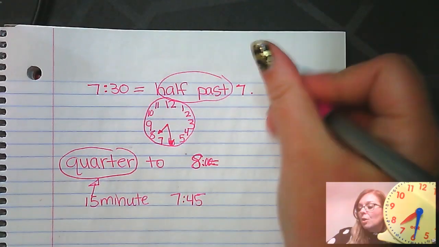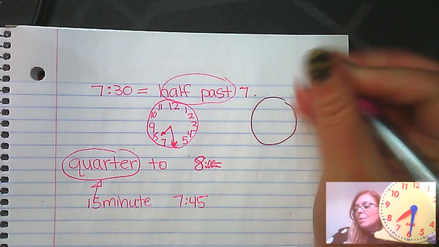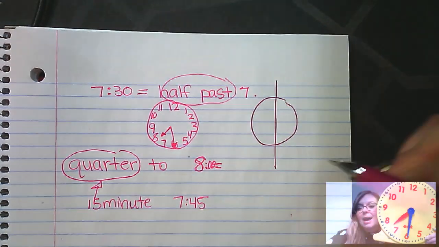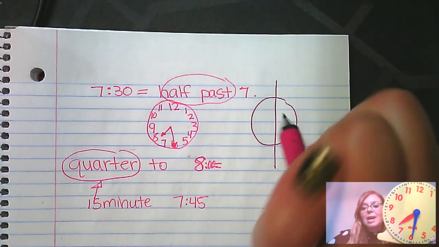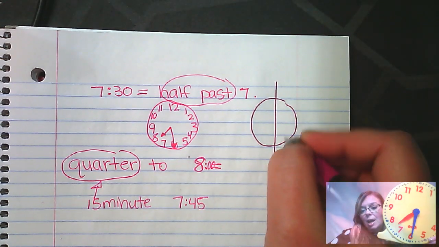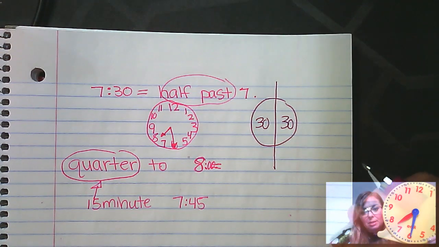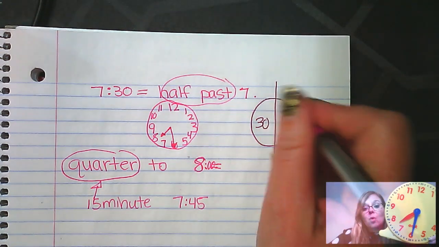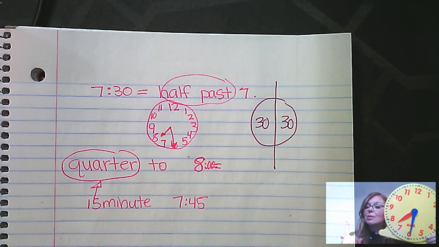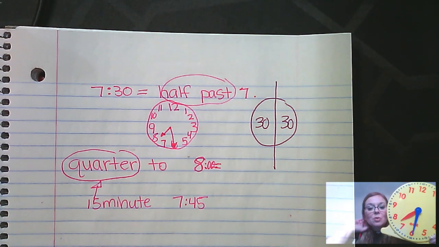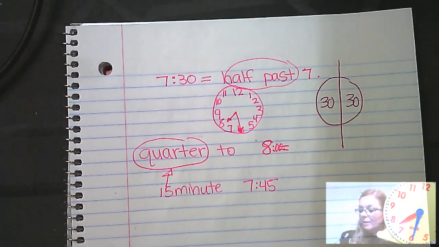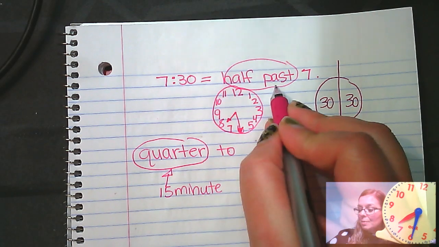Now we're going to be drawing a clock, but we're going to cut it in half. Half past. Half of the clock is 30 minutes, and this side is 30 minutes, because a whole hour equals 60 minutes. So it's 7:30. That is how we write it.